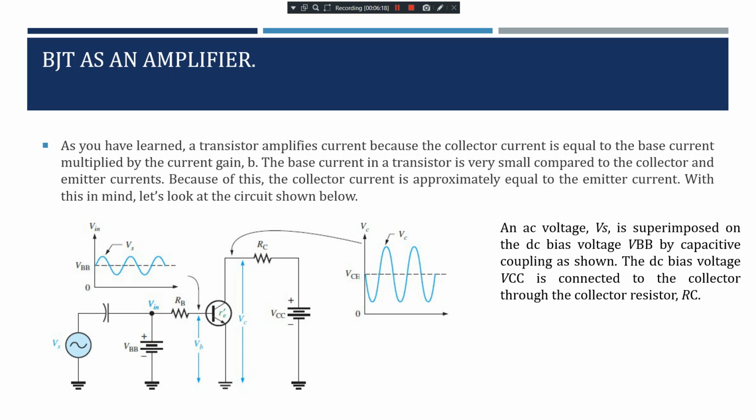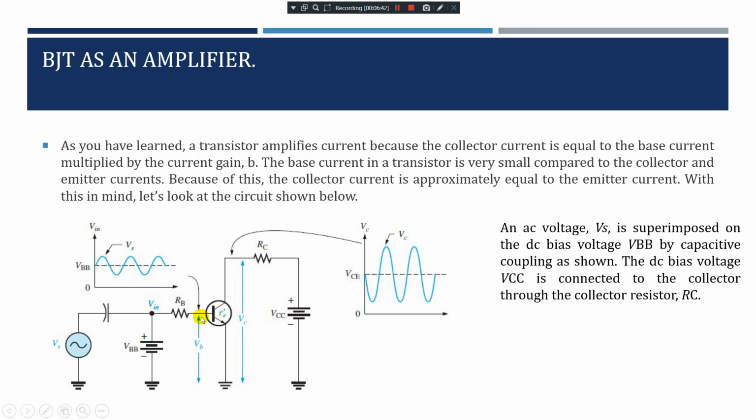Okay, now the DC bias voltage, that's nothing but your VCC, is connected to the collector through which resistor? RC. So that's what is shown here. Your collector is connected to RC with a DC bias voltage, that's called VCC.